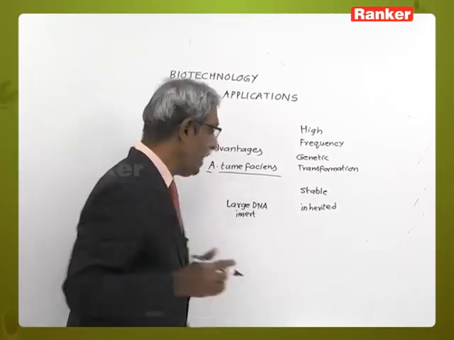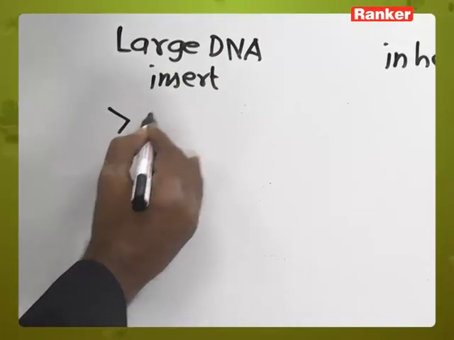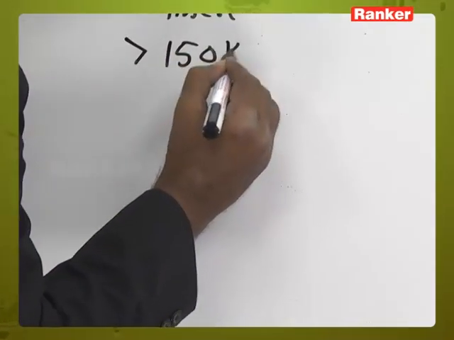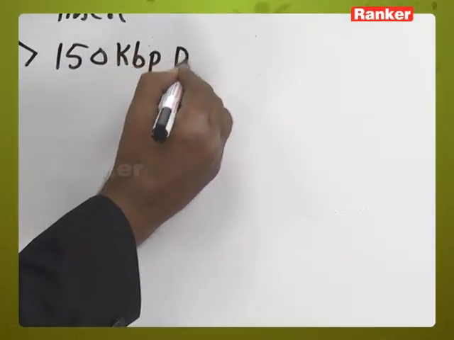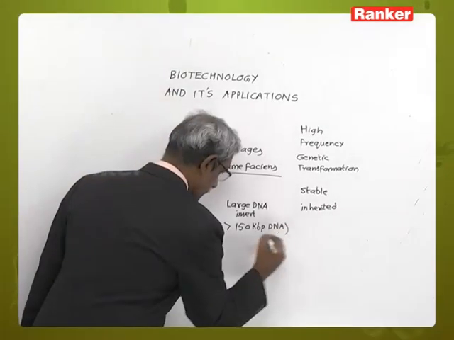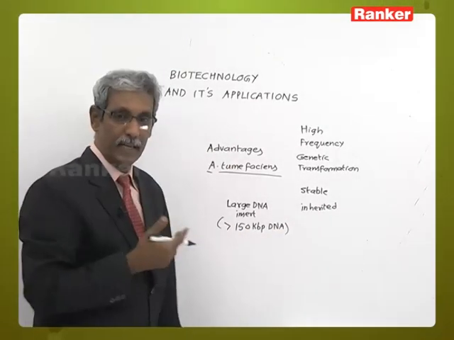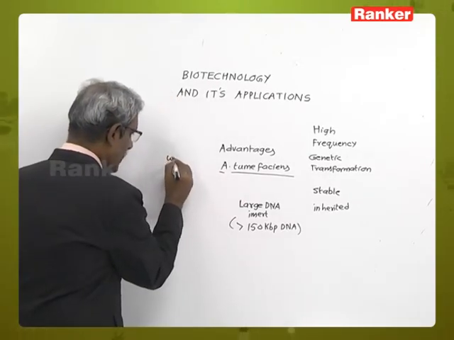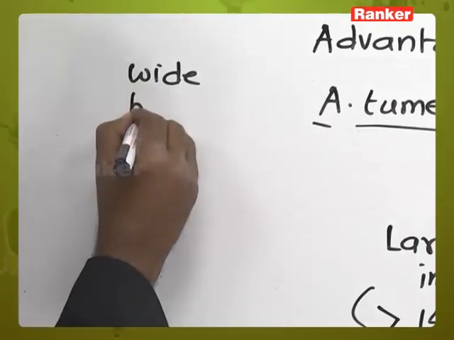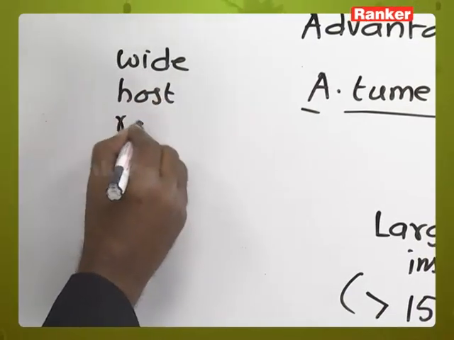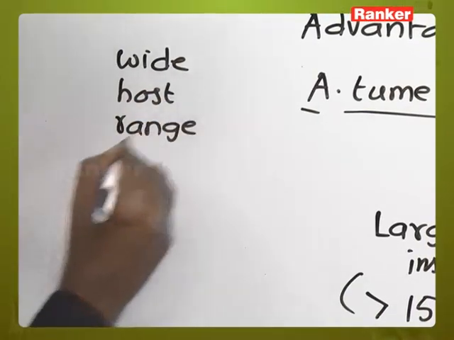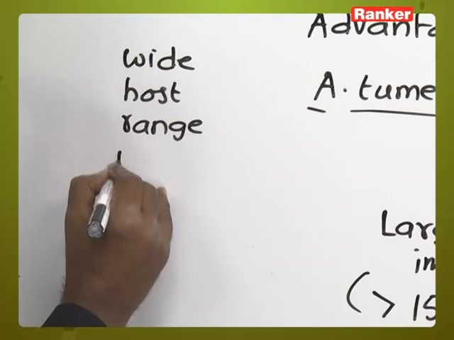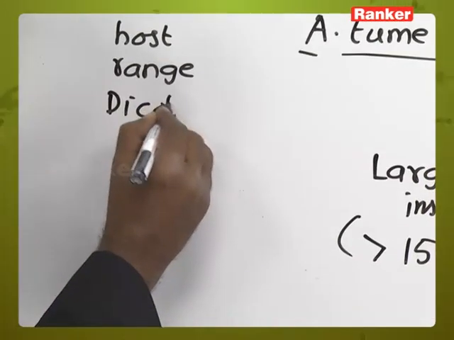So, it can carry greater than 150 kilo base pairs of DNA. So, a large chunk of DNA can easily be transferred, and again it has a wide host range. Because it is naturally present in dicots, it has a wide host range of dicots.